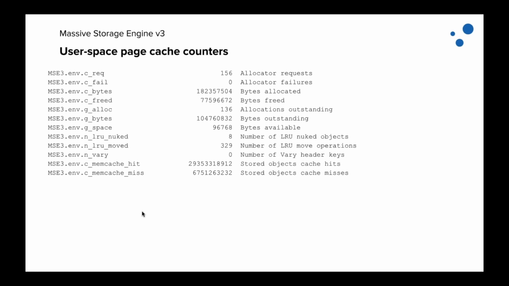So it will show how much data is being served from system memory and how much data needed to be read from disk. So the mem cache miss in this case, that is misses for the system memory cache, but not misses that go to the backend. These are misses that go to the disk on the Varnish server instead for reading there.